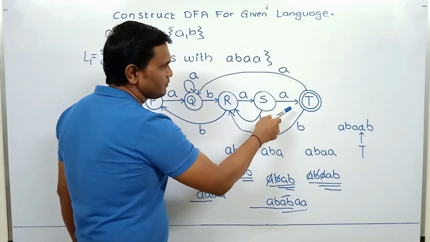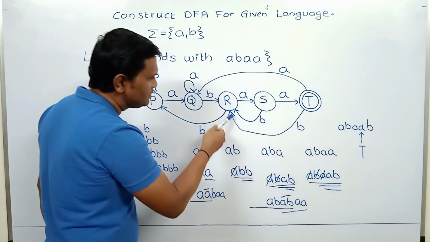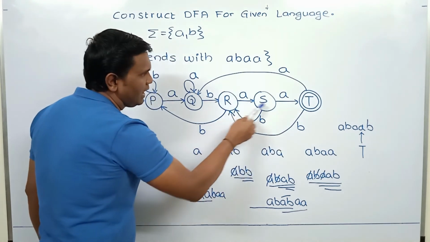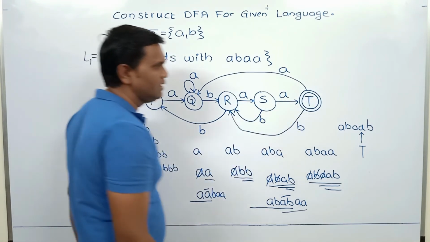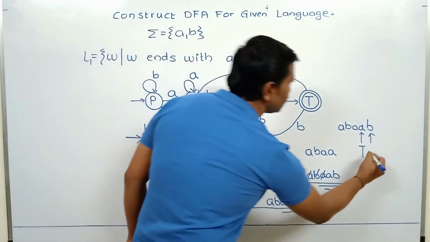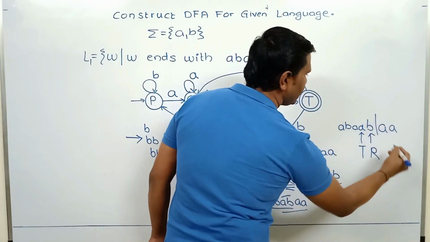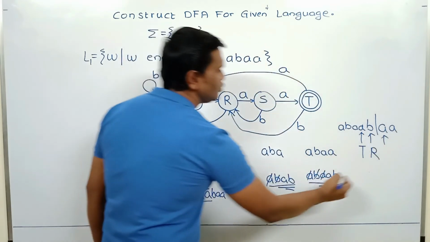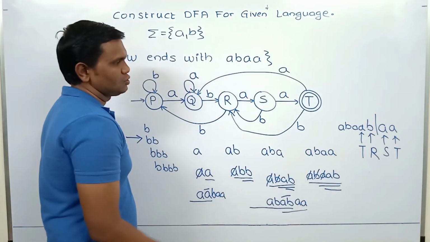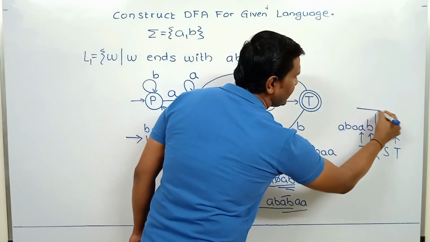So using this A, this B, this A and this A, B, A, it will come back to state T. So using this B, we come to state R. Now if AA comes, it will go to state S and then state T. So after ABAA, we get B, then A, then A. So here again we get ABAA.